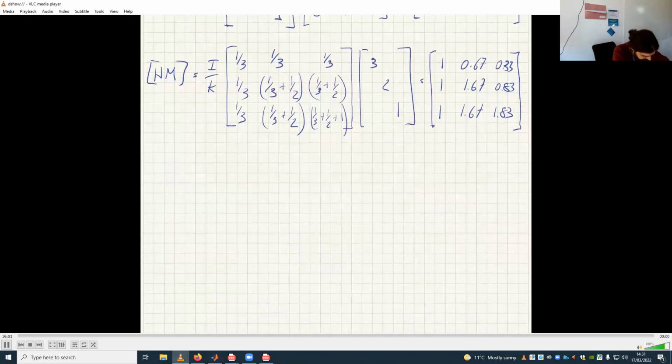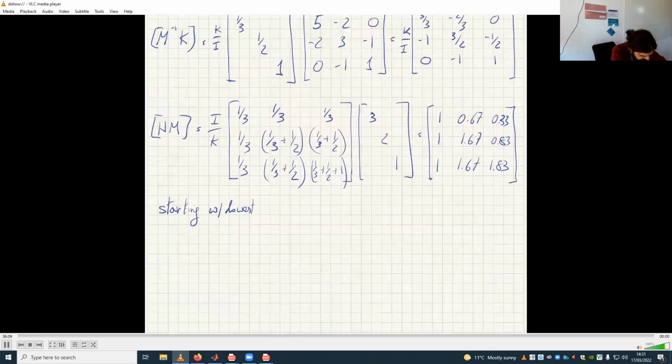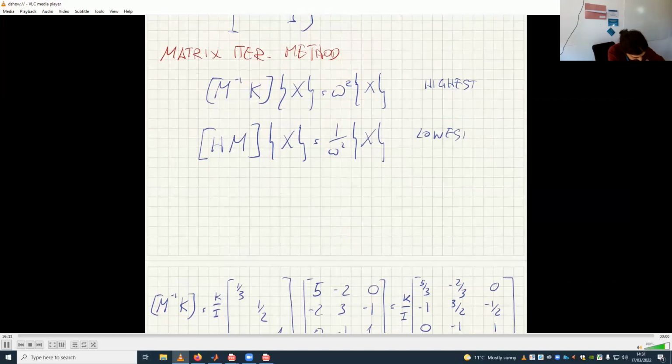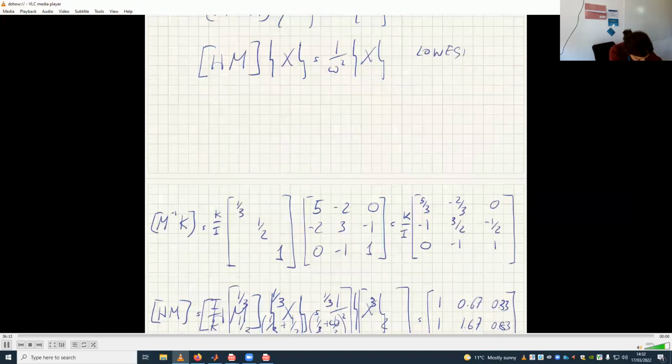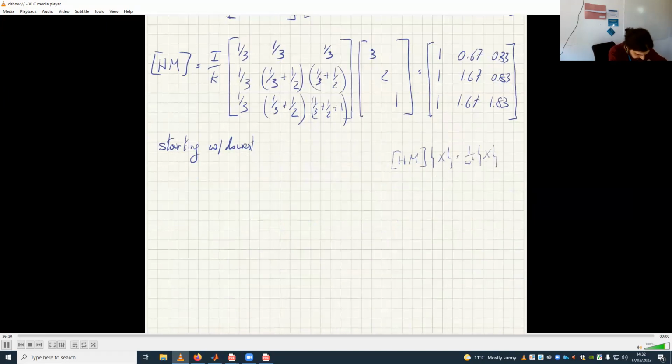So I start with the lowest mode shape, which means I copy this thing. I have it here as a reference. Let me check if I have the intermediate results, possibly.